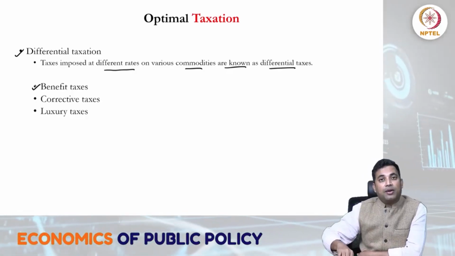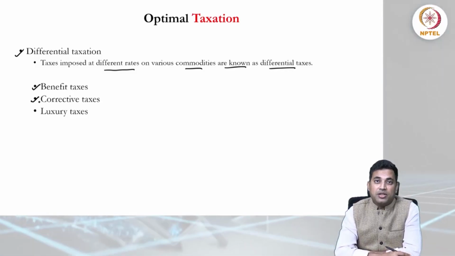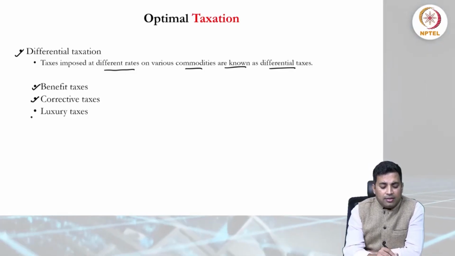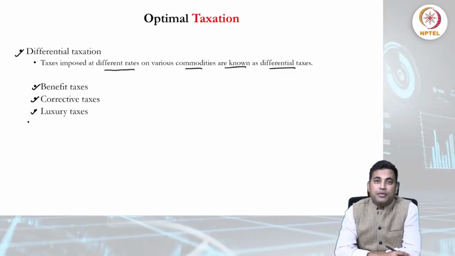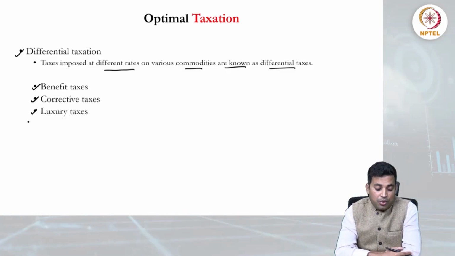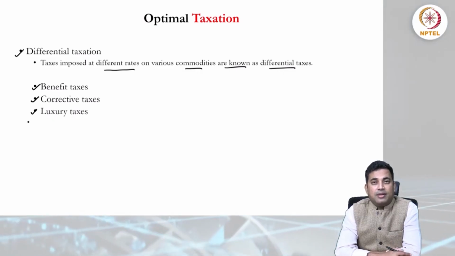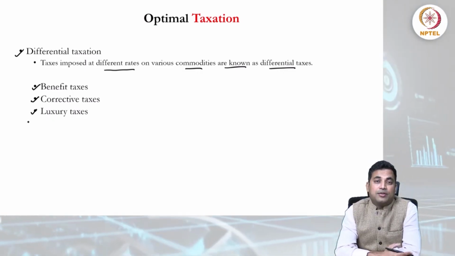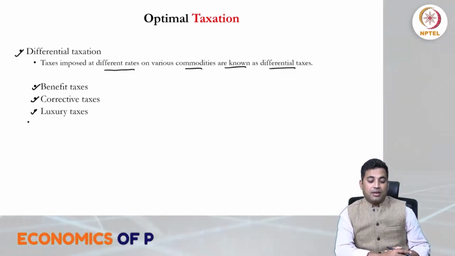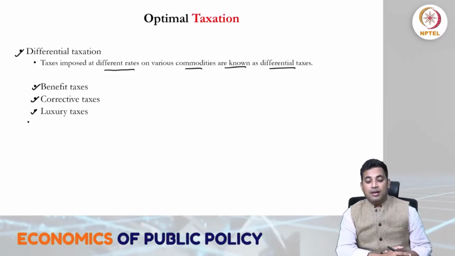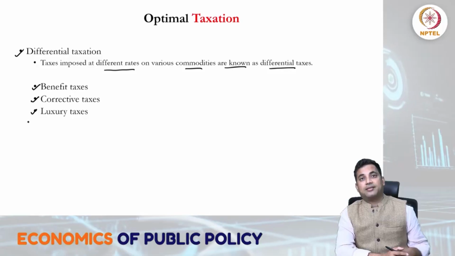In that context, we can say these are corrective tax measures. The third point is luxury taxes. Certain commodities like perfumes, diamonds or gold have luxury taxes imposed. So these are examples of the three different types of taxes that we are discussing within optimal taxation when we talk about differential taxation.